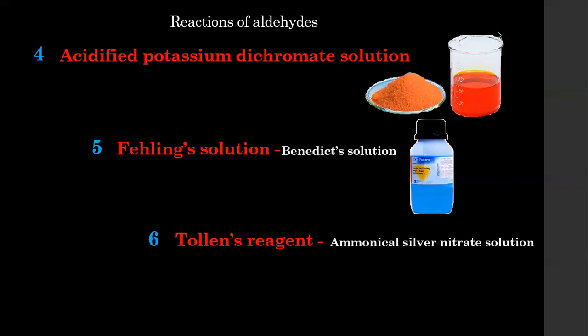Let's see more about the reactions of these solutions with aldehydes and ketones. Before we move on to the 3 reactions, we should know one thing about Tollens reagent. This colorless Tollens reagent, you can buy in the market, or else before a test, you have to make the Tollens reagent in the laboratory.